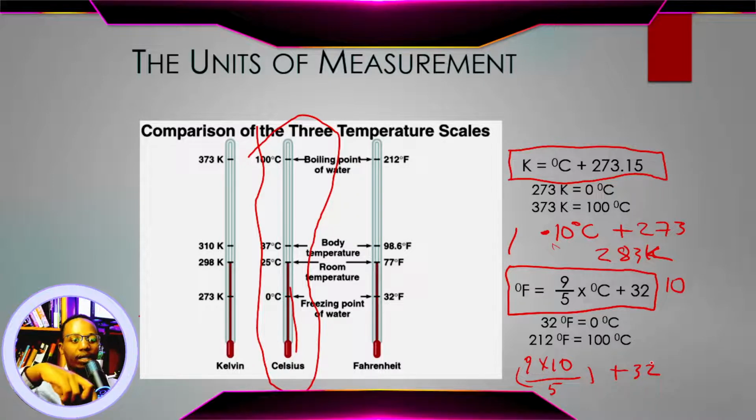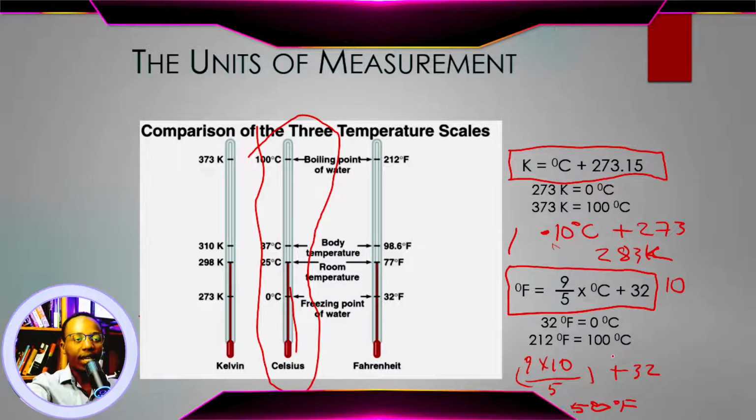So if I look at the calculator, 90/5, that's 18. 18 plus 32, that's 50. So 50 degrees Fahrenheit.